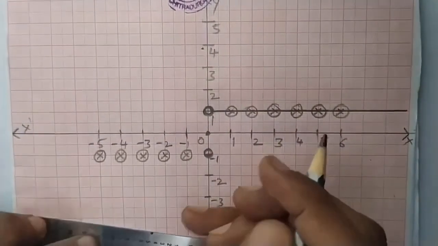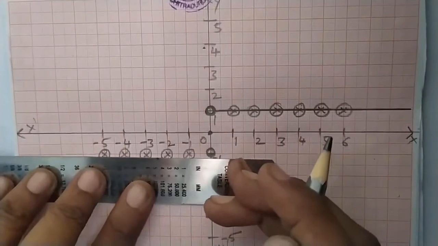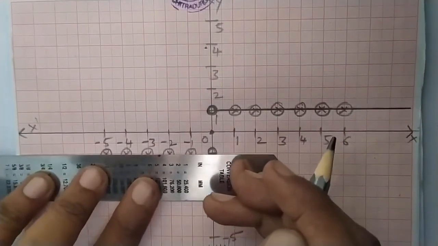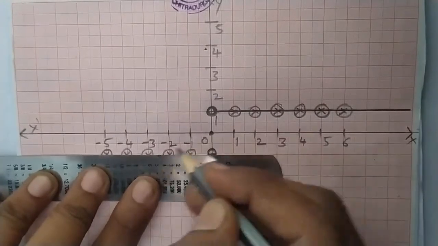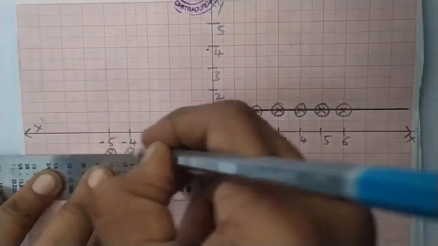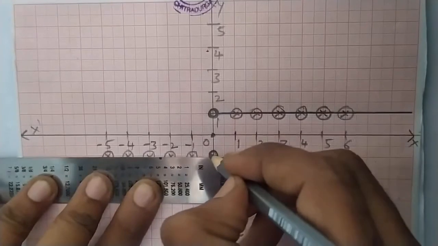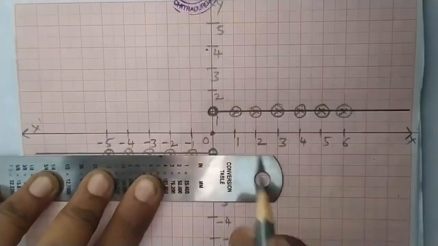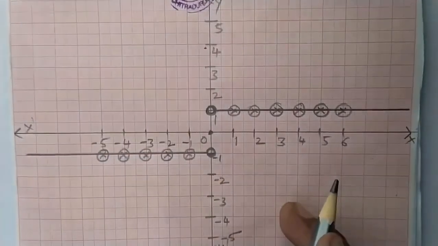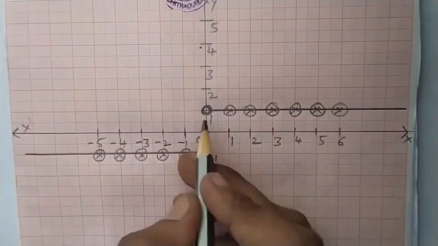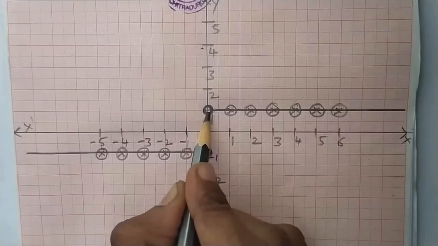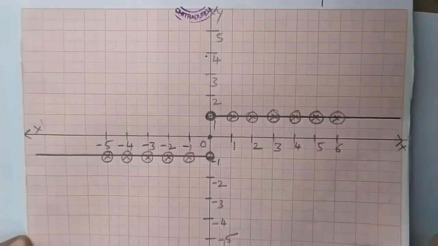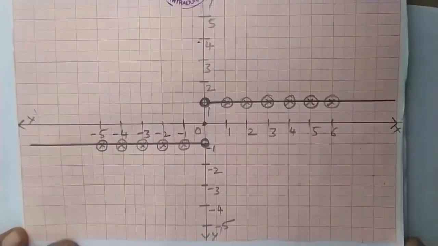Now, if x equals minus 1, you just join all these points. Once again, this symbol represents excluded. It also represents excluded. Hence, it is the graph for the Signum function.